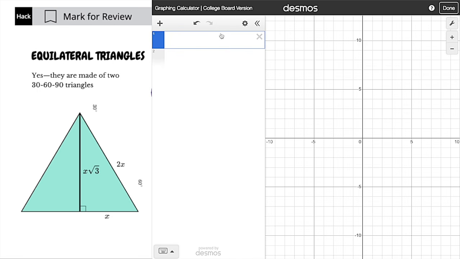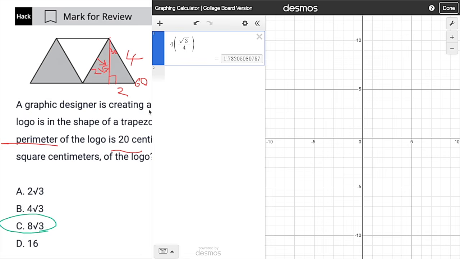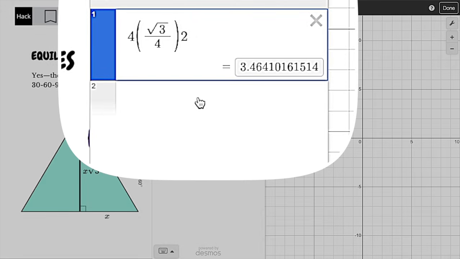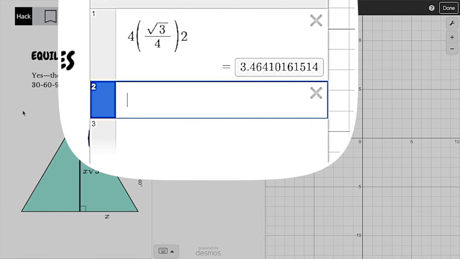So we would have 4, multiply that by the square root of 3 divided by 4. You're also going to remember that there were 2 of these shaded triangles in our little figure, right? So that would get multiplied by 2, and then you would have to compare to your answer choices.